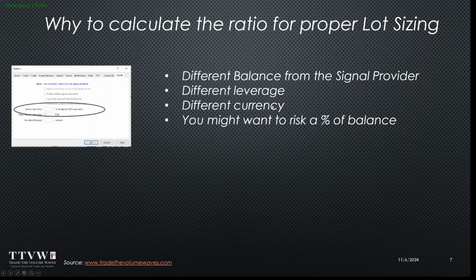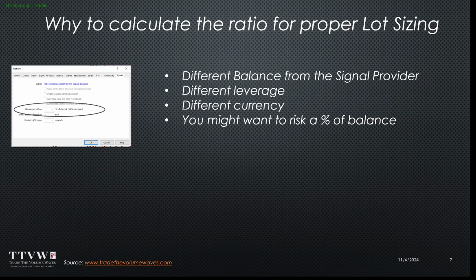I might be trading in euros, and you might be trading in dollars. And you also might want to risk a percent of your balance, meaning that, let's say you have 1,000 euros in your balance, and you just want to risk 500. So this number will be 50%.